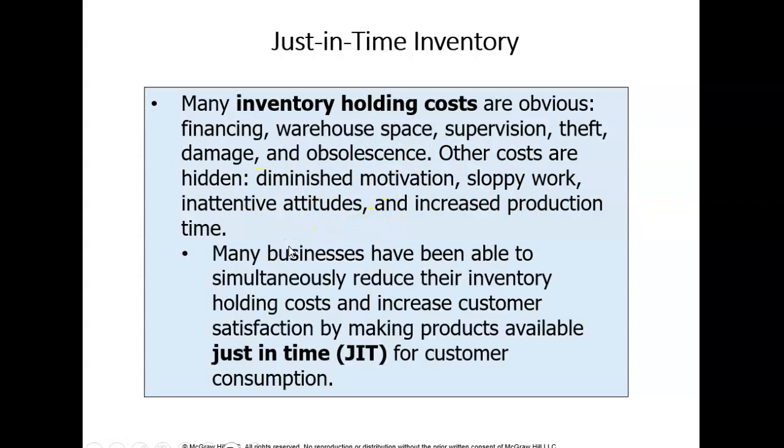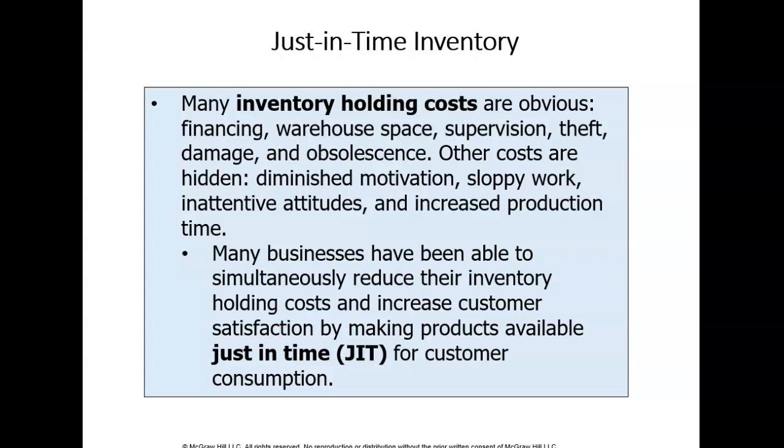So we're saying, how can we eliminate a lot of these holding costs? That can be done by implementing what's known as a just-in-time inventory system, also known as JIT. With this type of inventory system, businesses have reduced their inventory holding costs and increased customer satisfaction by making products available just in time for customer consumption.